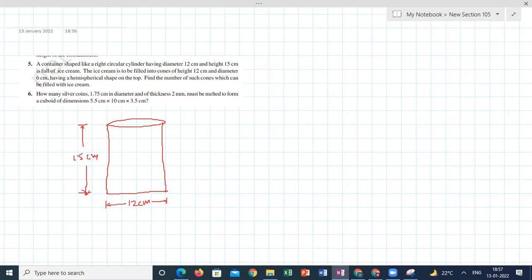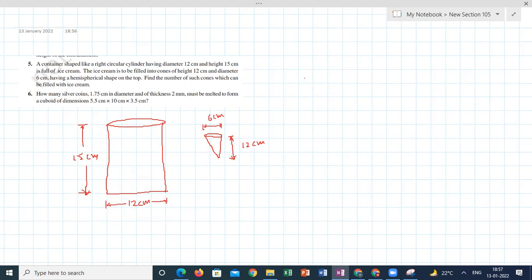The ice cream is to be filled into cones of height 12 centimeter and diameter 6 centimeter. So this ice cream they want to fill into cones like this, where the cone height is 12 centimeter and the diameter is 6 centimeter. Find the number of such cones which can be filled with ice cream.